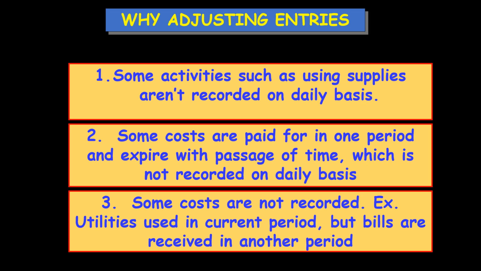The accountant will not wait until February to have the bill in front of him or her to record the utility usage in the month of January. Rather, the accountant will, at the end of January, update the accounting record through an adjusting entry for the fact that utilities were used in January. We will talk about more examples for each one of them.